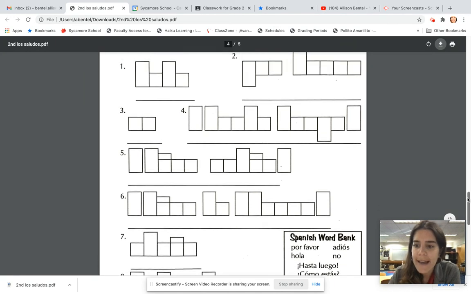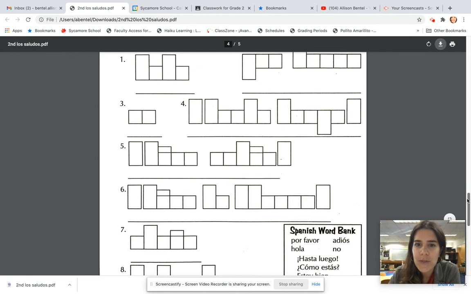You can also count en español, por supuesto, out the blocks to figure out what word from the word bank goes in these blocks. And your Spanish word, la palabra en español, will be what goes in the word blocks. And then on this line underneath is going to be the English translation.